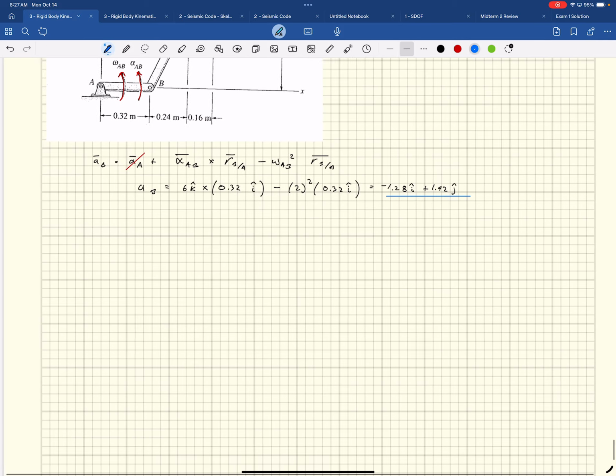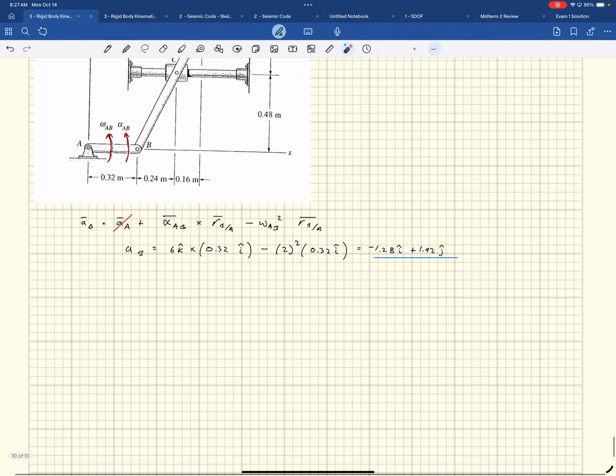This says I'm going to have an acceleration back towards the middle of 1.28 in the I, and also an acceleration up of 1.92 in the J. The tangential acceleration is the R alpha term, and this one right here is the R omega squared term.